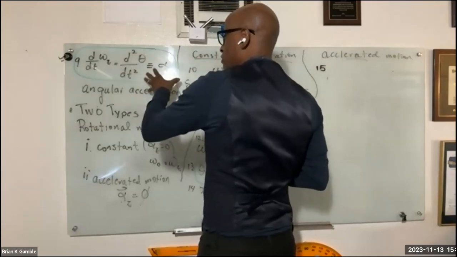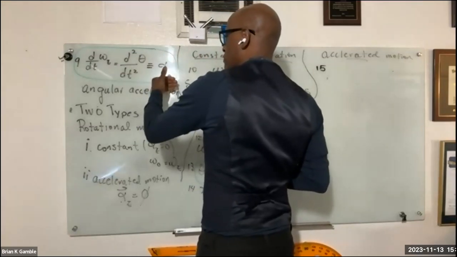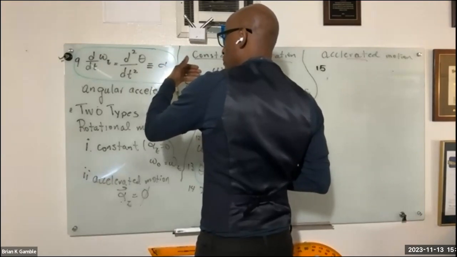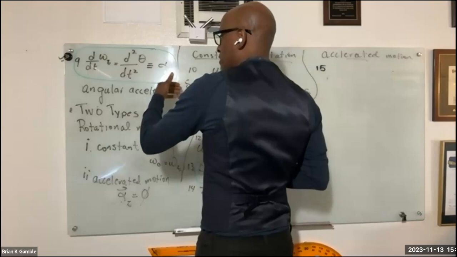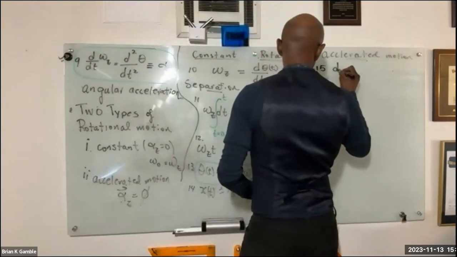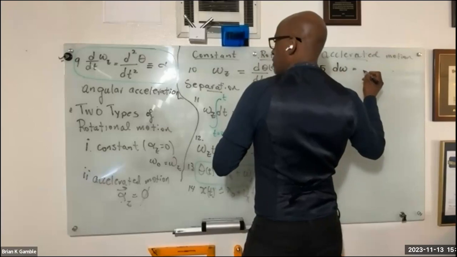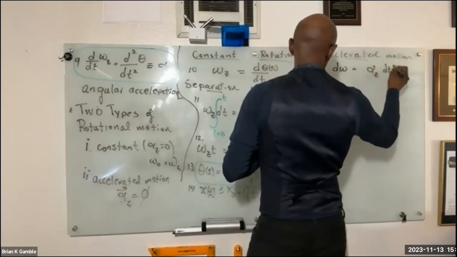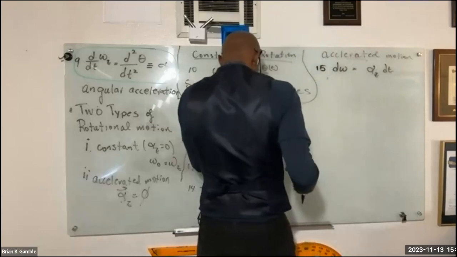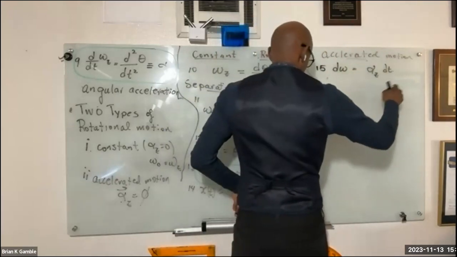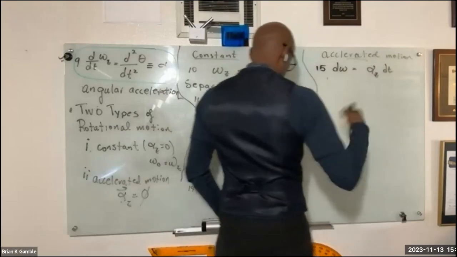When I multiply through by dt, I have radians per second squared times dt seconds, which is just radians per second. And that's the same as omega. So on one side of the equation, I would have d omega. On the other side, I'm going to have alpha z dt. That has units of angular velocity, radians per second. And this has units of angular velocity, the total radians per second.